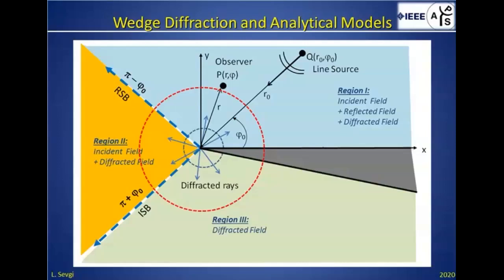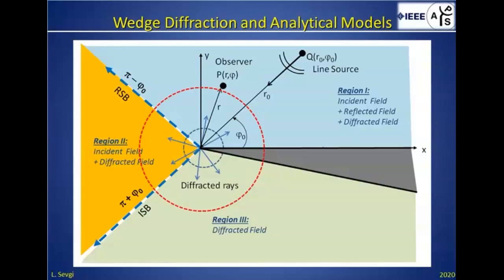And we have a source on top, which is called a line source. It is R0 away from the tip. So we locate the coordinate system on the tip of the wedge. And the angle of the line source is phi 0. So the point (R0, phi 0) represents the location of the source.